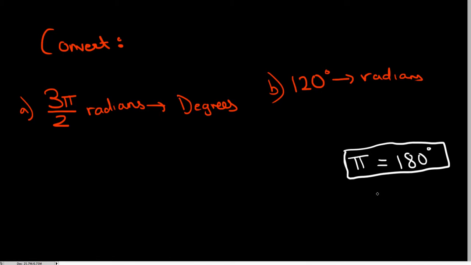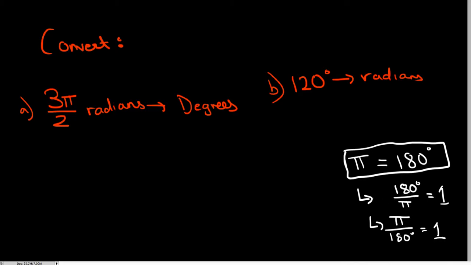Now if we take this a step further, we could say that 180 degrees over pi, just dividing both sides by pi, is equal to 1. Okay, and pi divided by 180 degrees is also going to be 1. Okay, it's just like dividing 2 and 2. These two are in essence the same thing, but they just look different because they are different symbols.